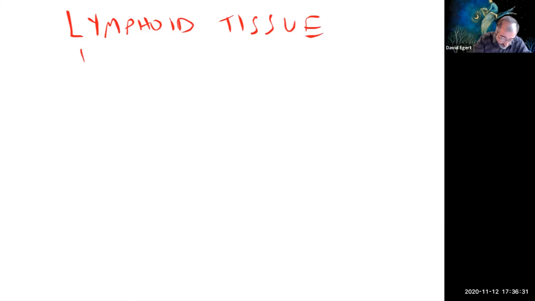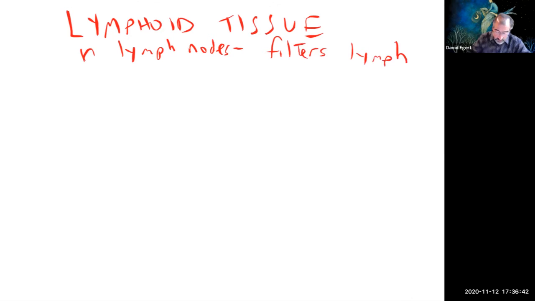So it's in lymph nodes. This is kind of filtering the lymph. Another place you find it is in the spleen. The spleen is kind of like your lymph node, except instead of filtering lymph, it filters your blood.